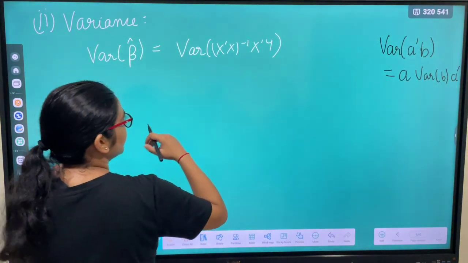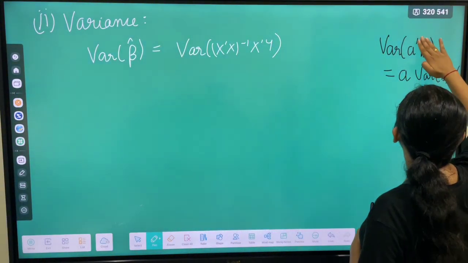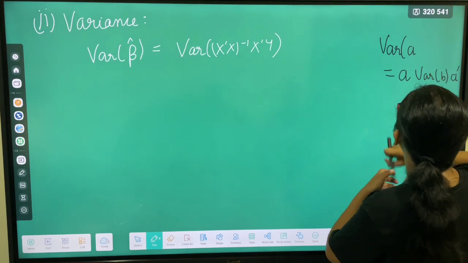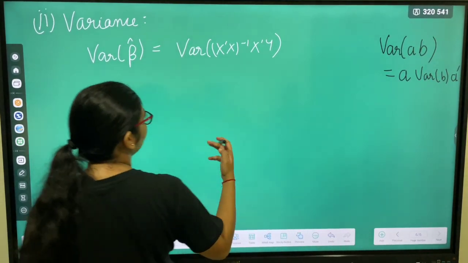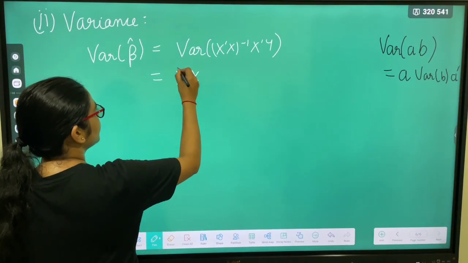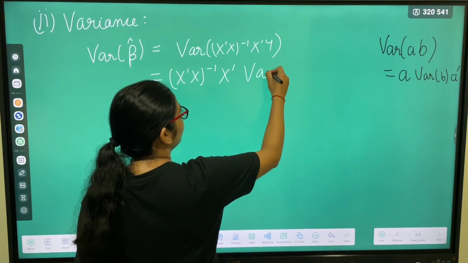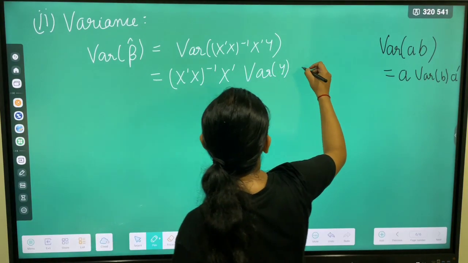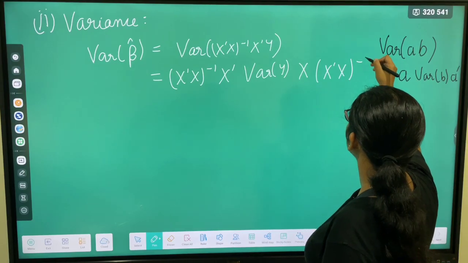Proceeding with that formula, we will get x dash x inverse x dash, variance of y, into x x dash x inverse.